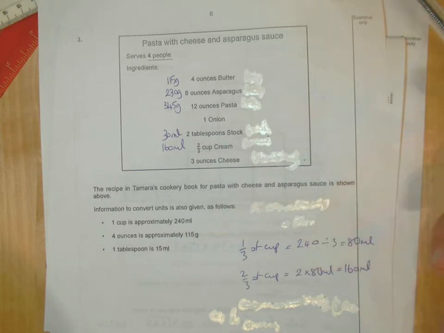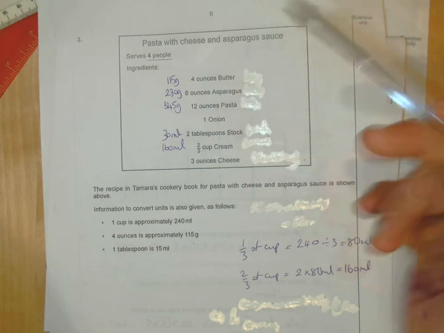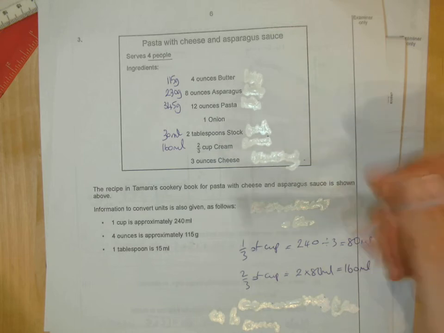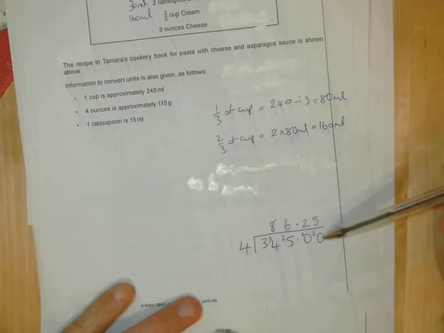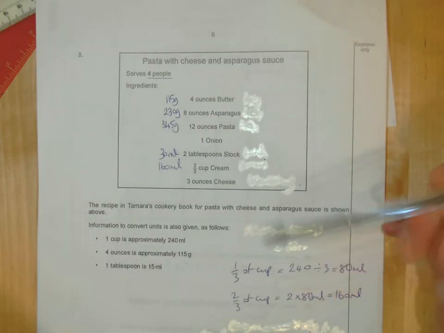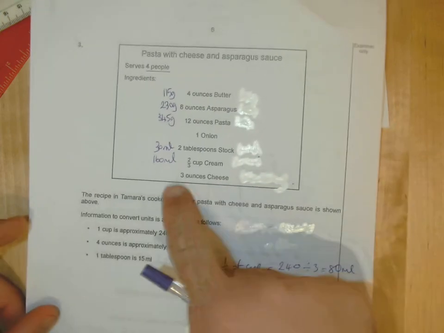Now you can do that, no problem, and you get the answer. But it is a bit of work, a bit of division and so on. I think I did it on here actually, and ended up having something like 86.25 or something. But then I realised that actually there is a slightly quicker way of doing this, and I'll show you in a minute. I'm just going to leave that blank for a minute.